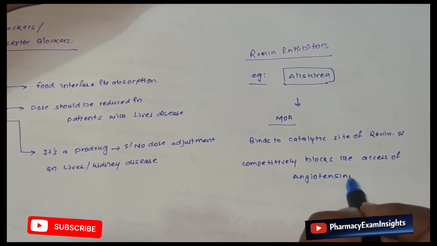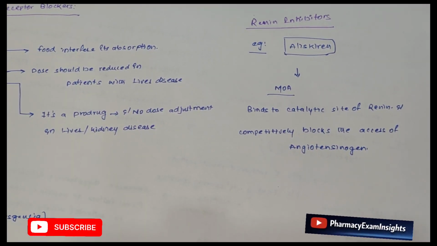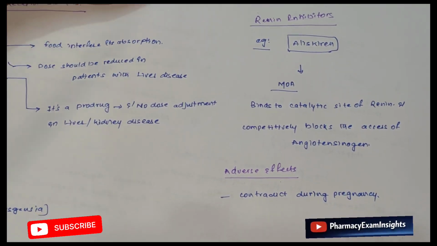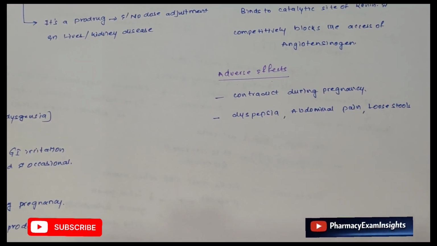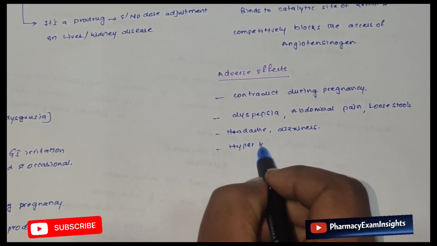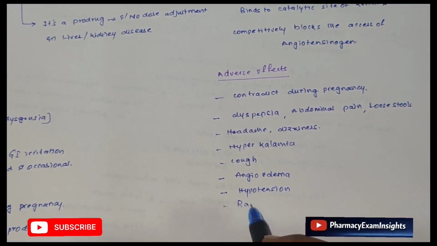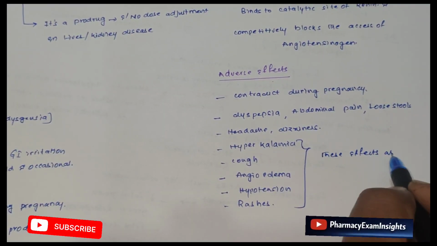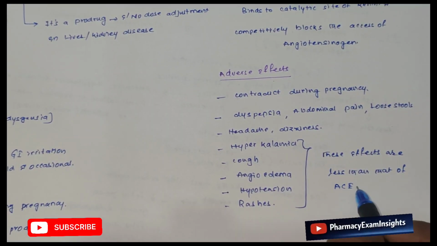Adverse effects: it is contraindicated during pregnancy; dyspepsia, abdominal pain and loose stools, headache, dizziness, hyperkalemia, cough, angioedema, hypotension and rashes. These effects are less than those of ACE inhibitors.